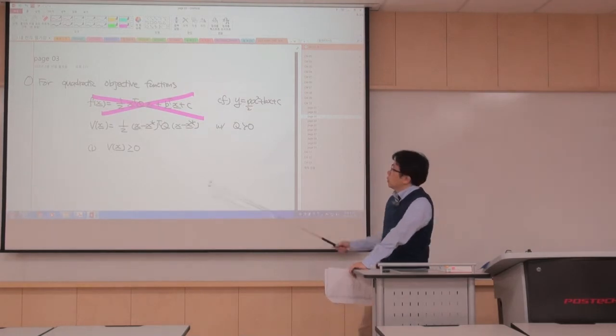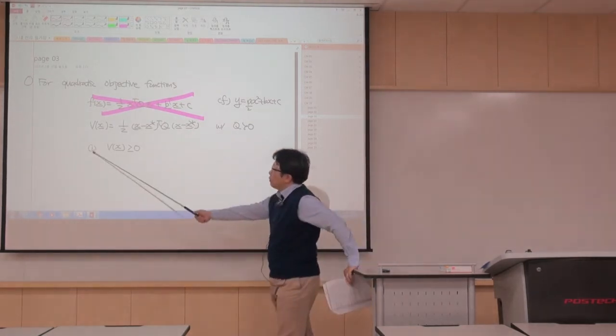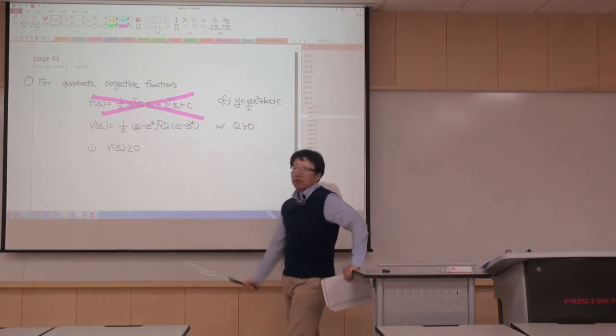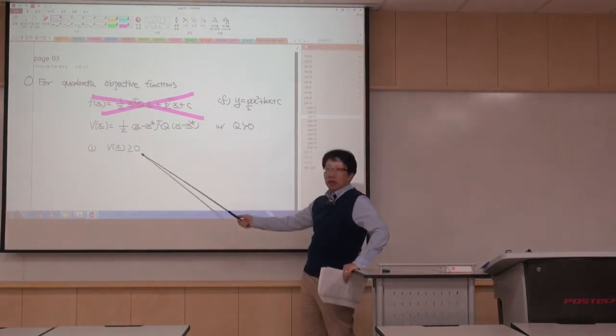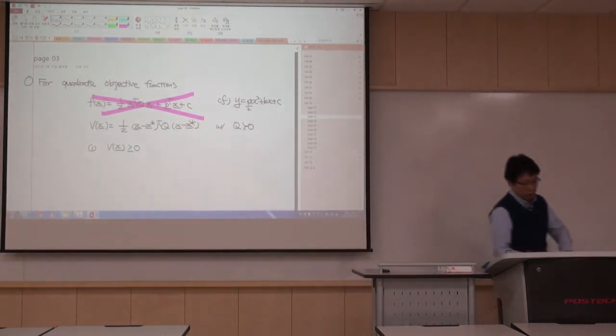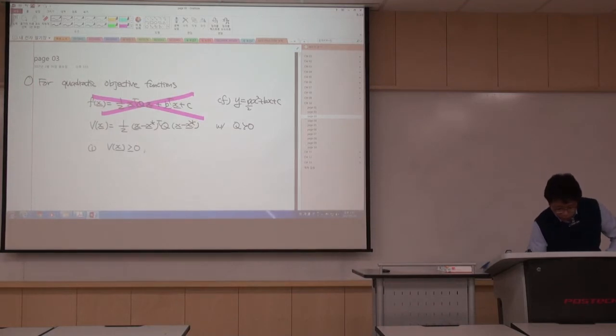So the first property is this objective function has non-negative value, with equality if and only if x is x star.